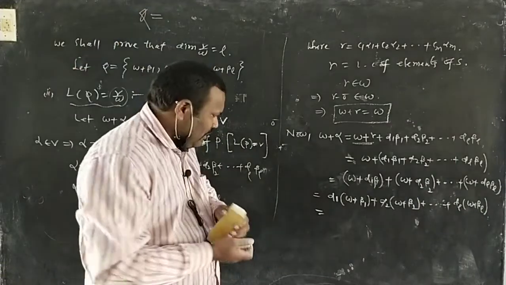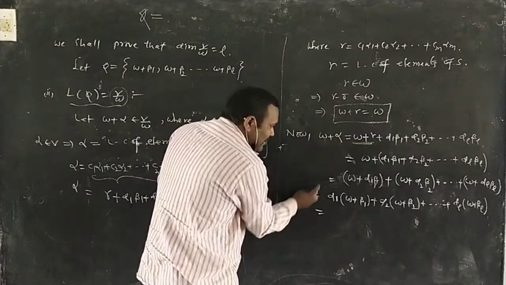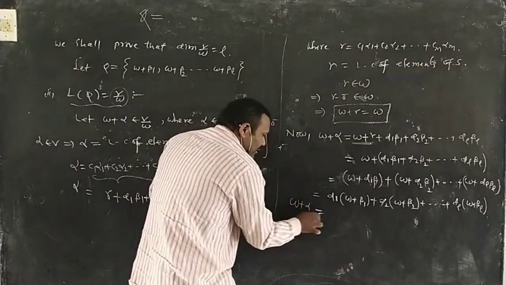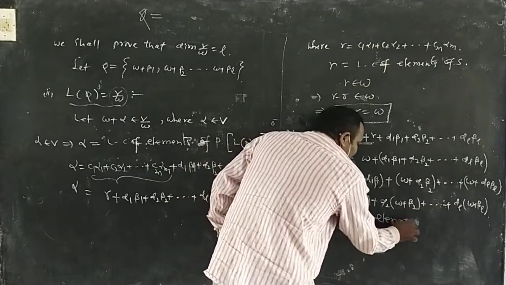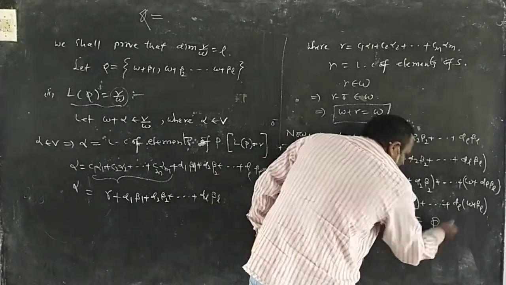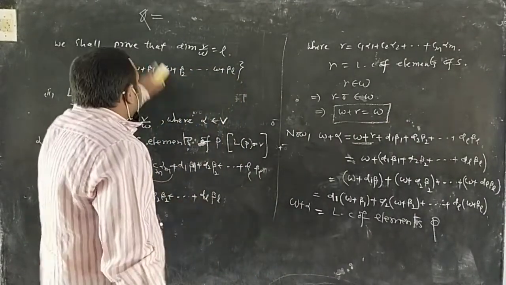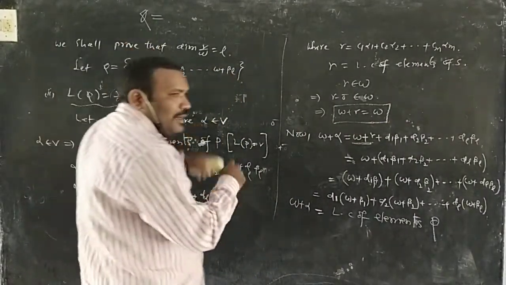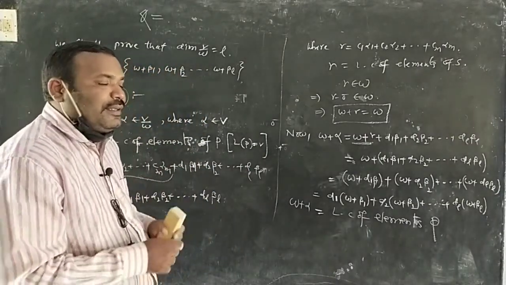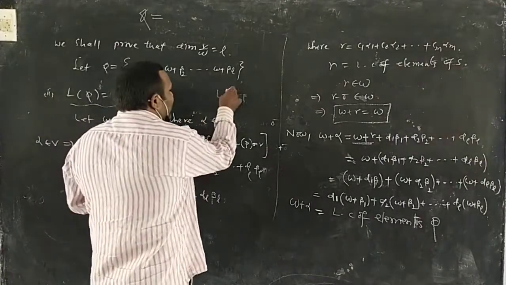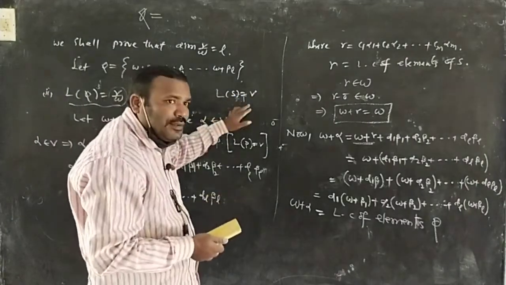Okay? So an element W plus alpha is written as a linear combination of elements of Q. Then what can you say? In order to prove L of S equal to V, when does L of S equal V?